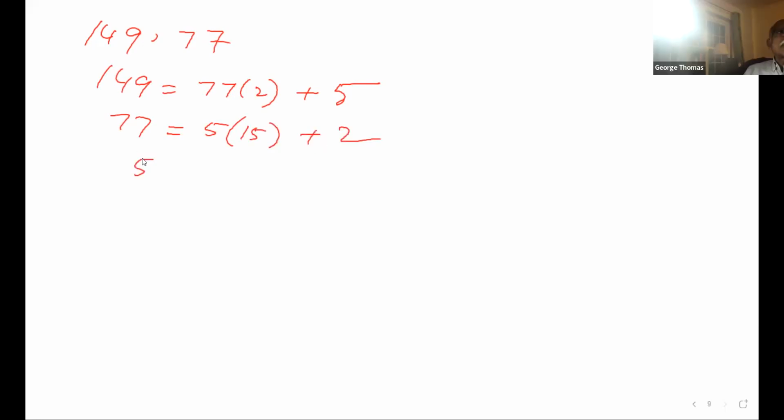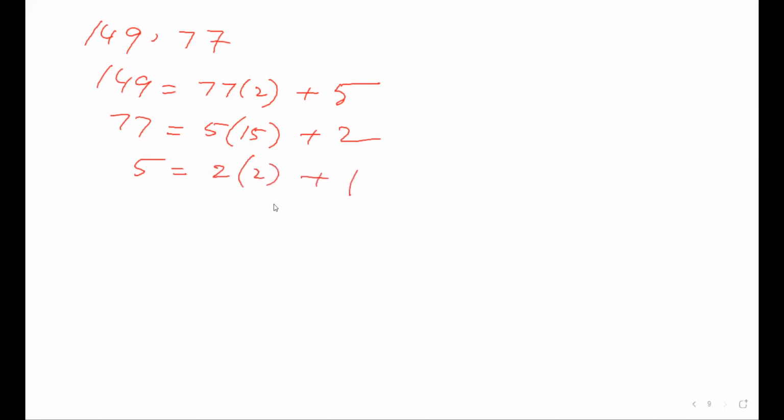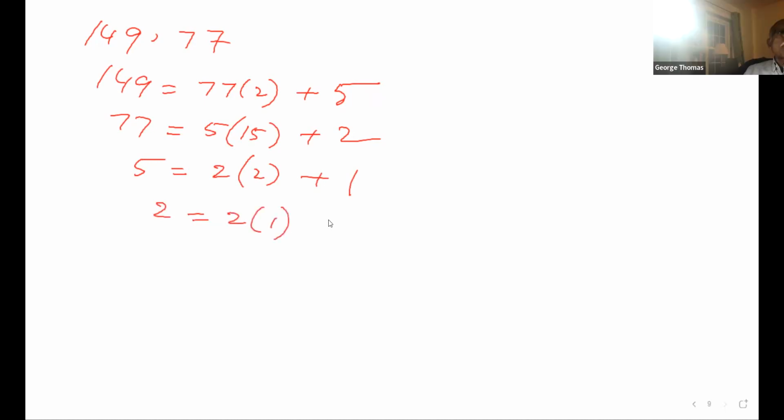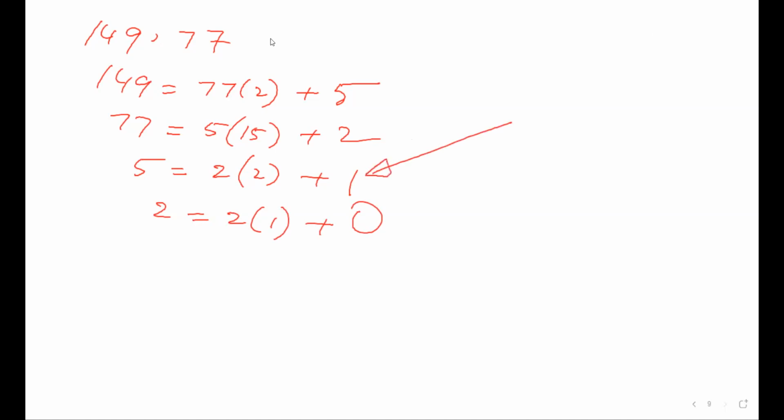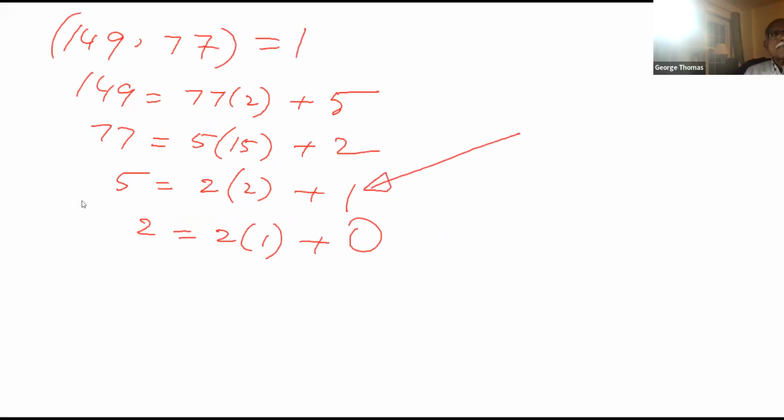And 5 equals 2 times 2 plus 1. And 2 equals 2 times 1 plus 0. So the last number before 0 is 1. They're co-primes. So you can start doing the Euclidean algorithm already, okay?